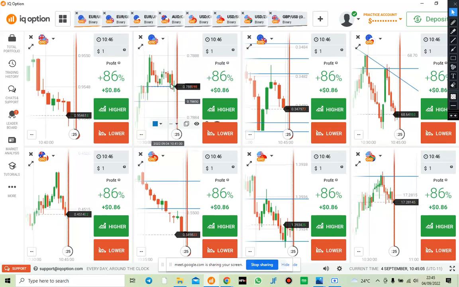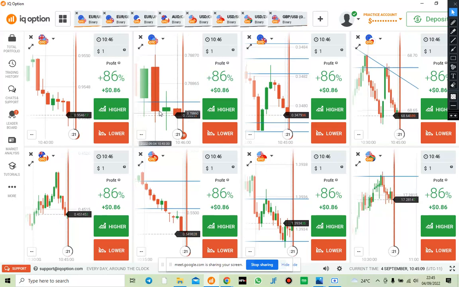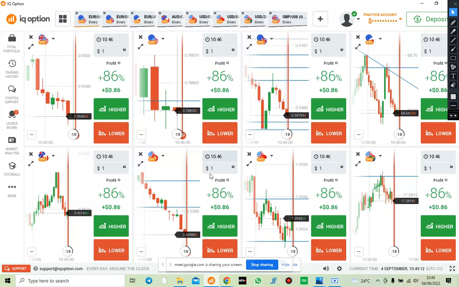Okay, it actually works here. It works here, but this candle is very weak.